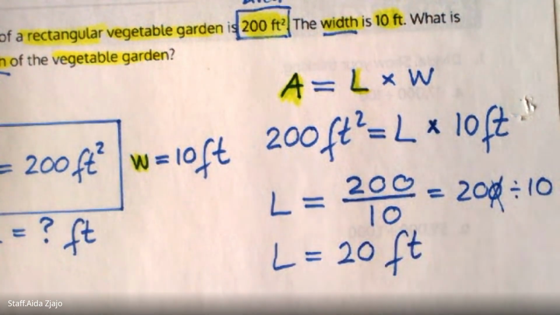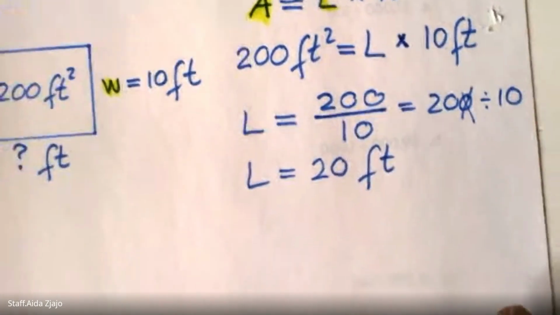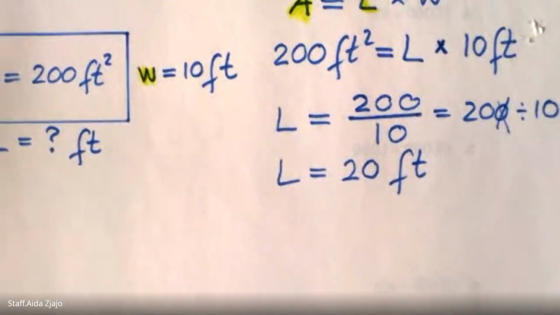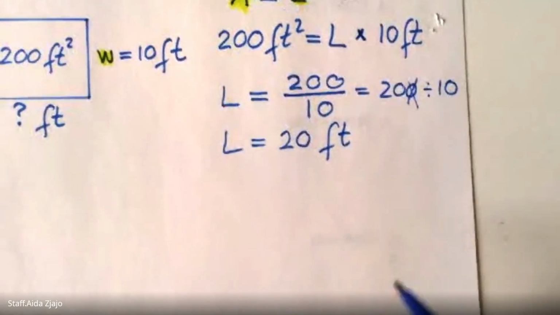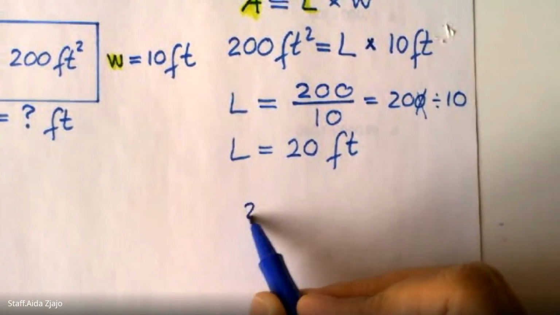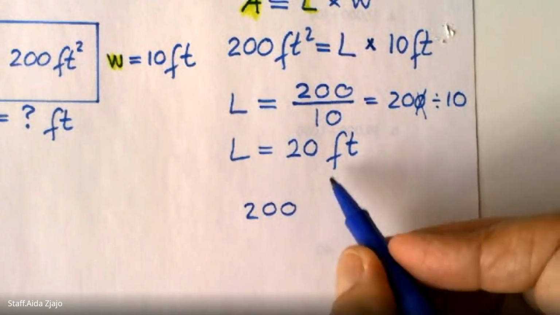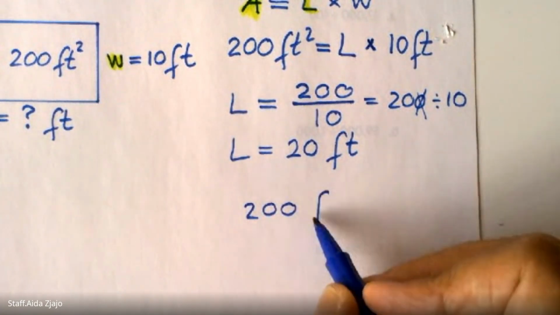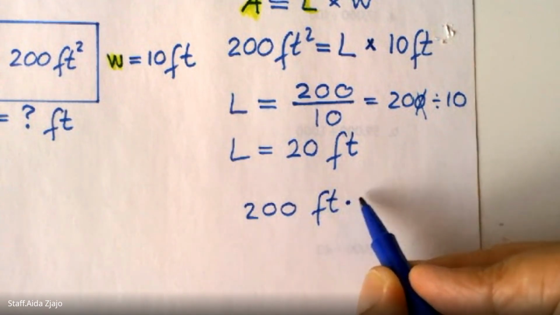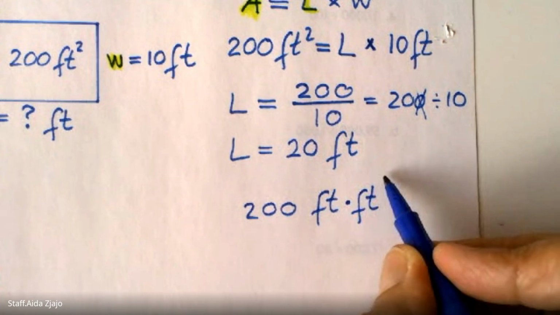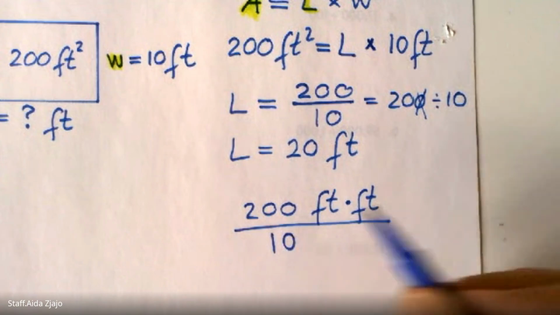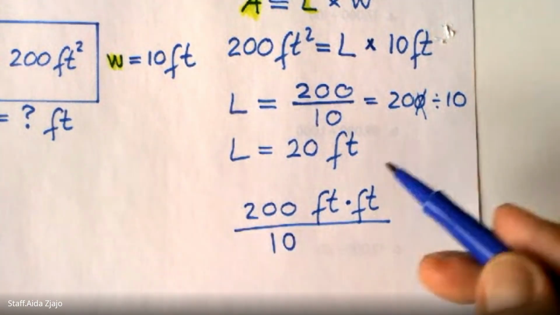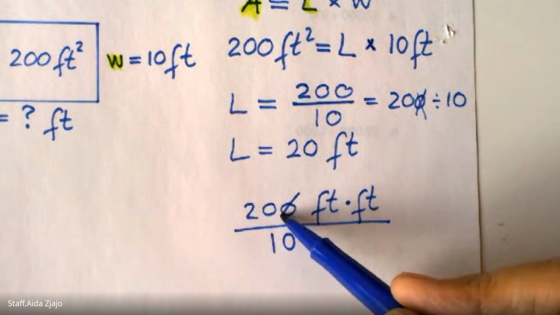Okay. There is also another way that I can show you. Let's see, if I use these 200 feet squared, feet times feet is feet squared, divided by 10. Remember, I was teaching you how I did. So this represents the 10.